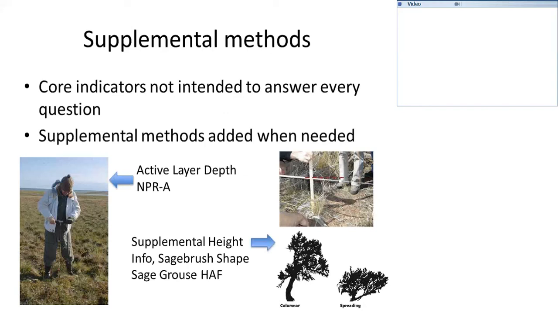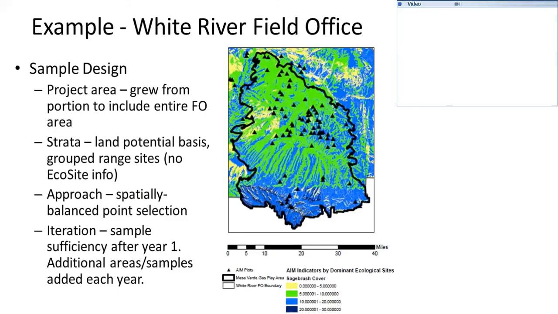Another example, sage grouse habitat assessment framework often does a supplemental height measurement, because the way they've defined heights in the HAF is slightly different than the way the AIM protocol has defined it, although I think that we can reconcile that. The other supplemental piece that they often add is sagebrush shape. So just 2 examples of supplemental indicators that are added. Generally, the cost of adding a supplemental method or indicator is pretty low, because the big cost is actually getting out there to the site in the first place.